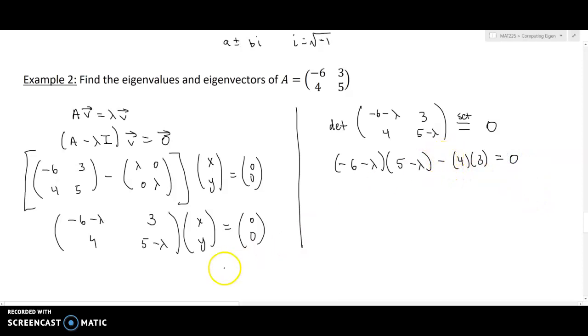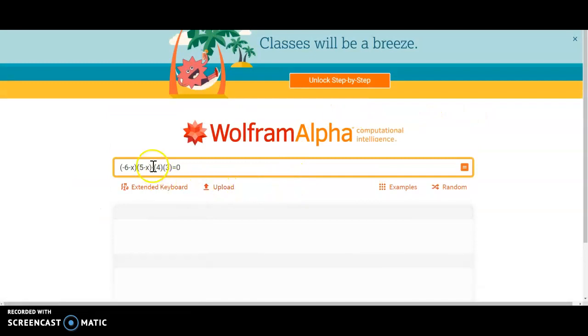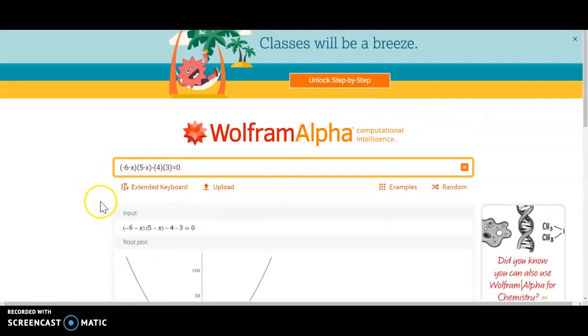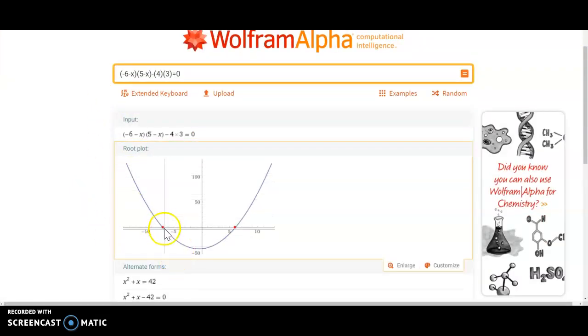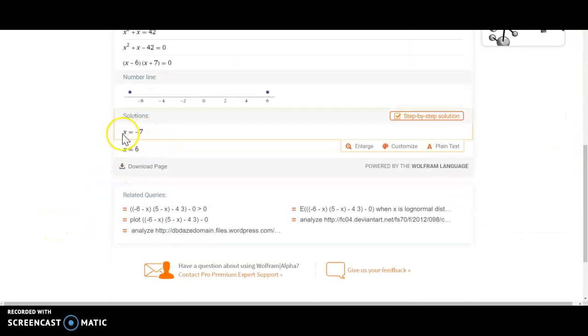Once again, we can pop over to Wolfram Alpha and do this. Here I have that input, set equal to 0 for our determinant, and now I can figure out what the values of x are. It even shows you the parabola that this function represents, and you can see that those are the 2 roots that satisfy this equation. If we scroll down far enough, we'll see x equals -7 and x equals 6.